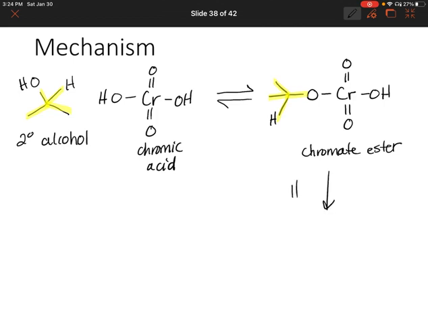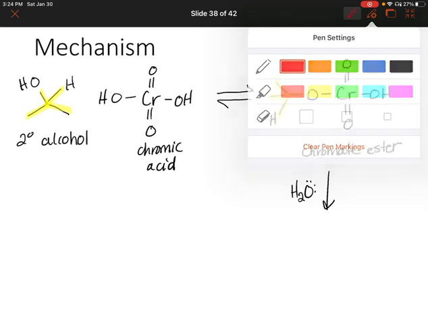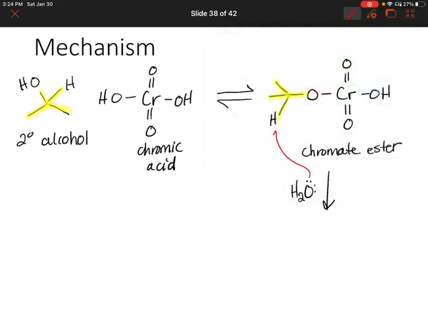And then we use water to deprotonate the oxygen. And then electrons are going to be left behind and form a double bond with oxygen. And the chromate is actually going to leave.